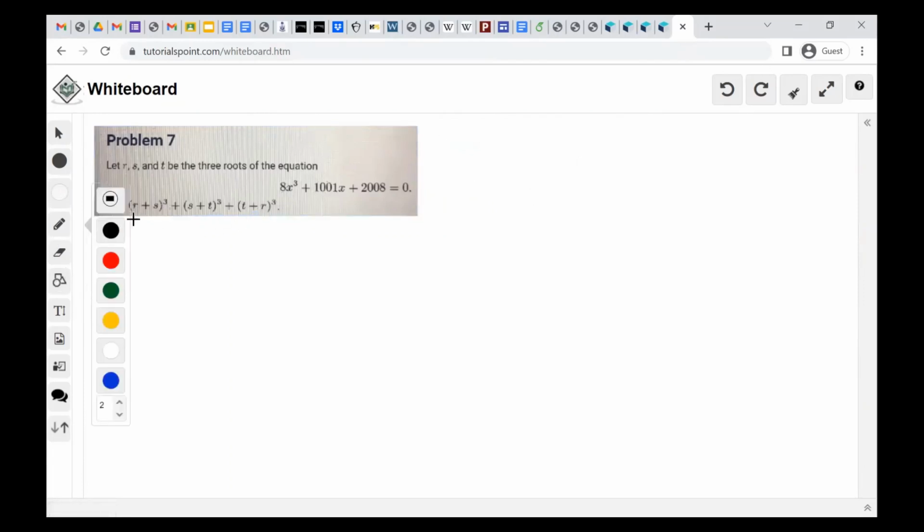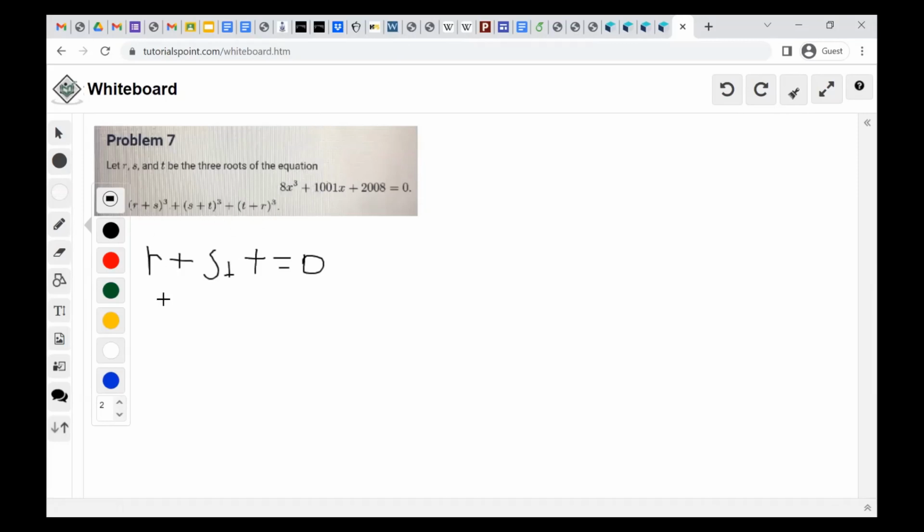So now the critical observation for this problem is that by Vieta's formulas, the sum of the roots r plus s plus t is actually 0, because the x squared term is 0. The sum of the roots is the negative of the ratio of the x squared term over the leading coefficient.